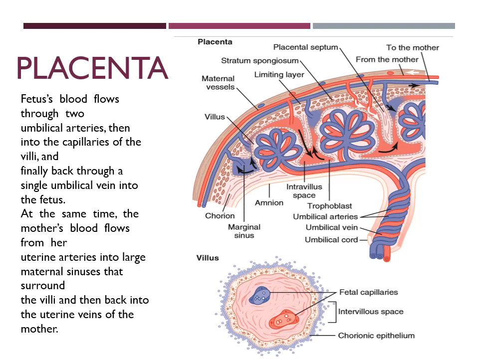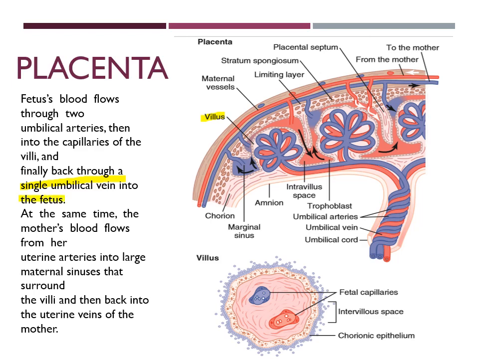As you can see here, the placenta is composed of villi that come from the fetal vessels, and then the blood will go back through a single umbilical vein into the fetus.